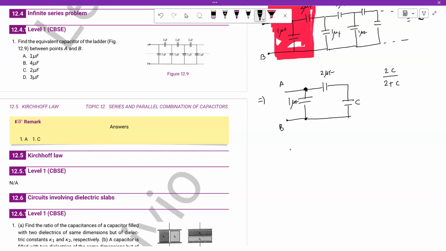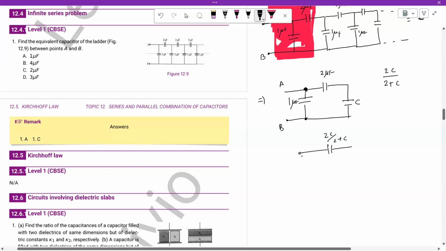And now we have two connections. One is 2C by 2 plus C, and the other one, which is in parallel, is 1 microfarad. So this is A, this is B, and this is 1 microfarad.